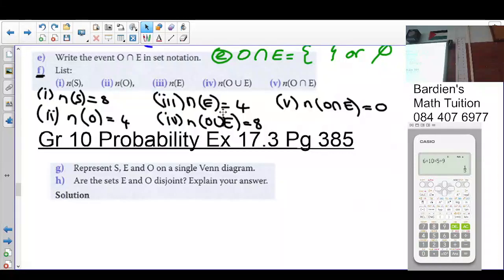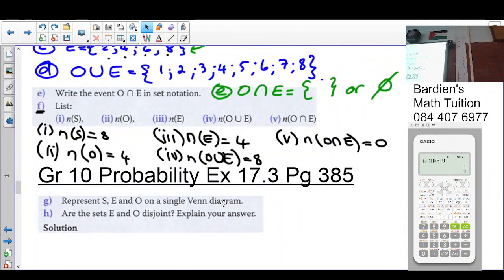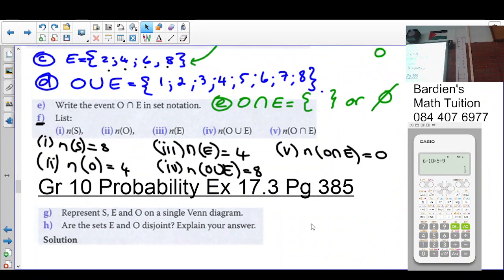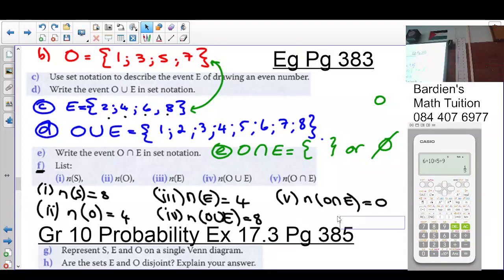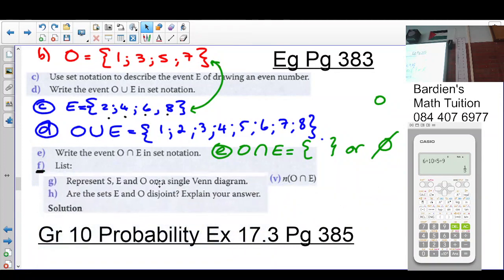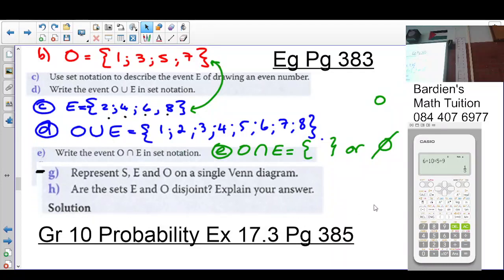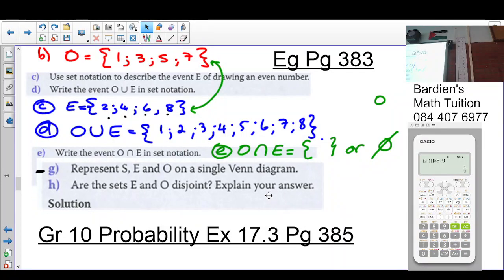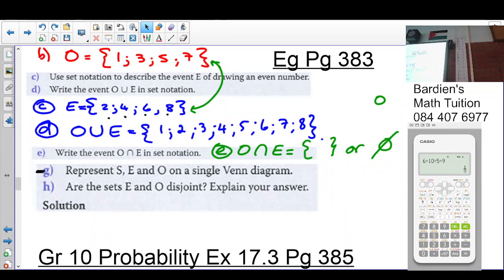So let's look at the next question. The next question says, represent S, the sample space, E, even numbers, and O as a single Venn diagram. Now, are events O and E joint or disjoint?